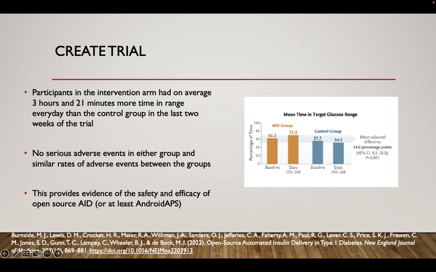In the trial, that came through our study nurses, but with the commercial system, there's a phone number you can ring to talk to a technician 24/7 if you have any issues. Whereas in the open source community, you've got the online forums to go to if you need support. So just a few differences there. But really major data, really important data that's come out in the last 12 months.